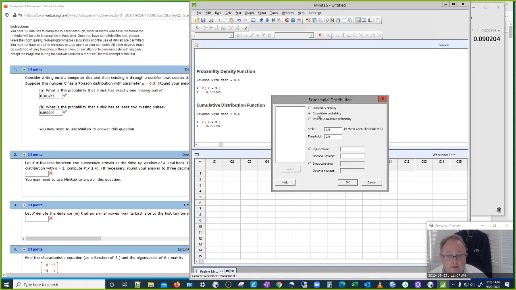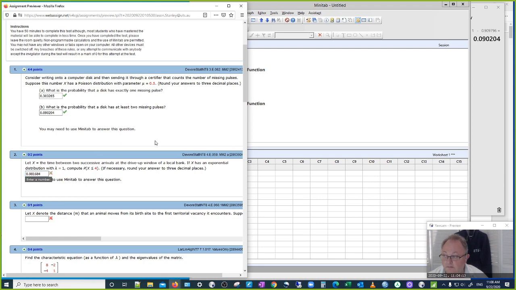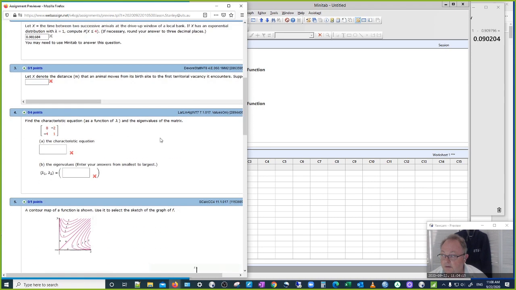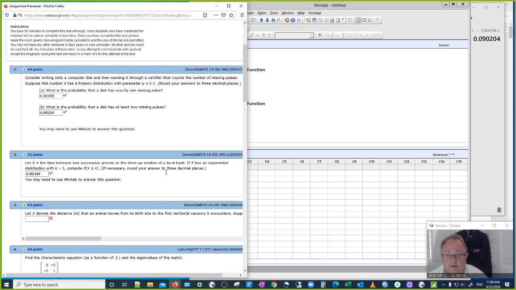We're doing a cumulative, we're doing 1 over 1, which is 1, so that's fine, and we're doing an input constant of 4. Okay, so we just pick that one up directly and pop it in and go and have a look and see how we went. So if we hit that again, we can see that that's great.